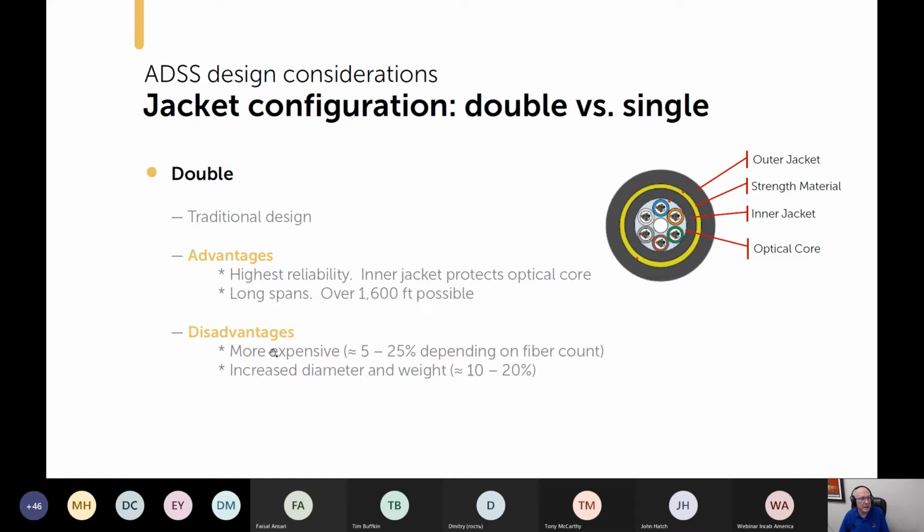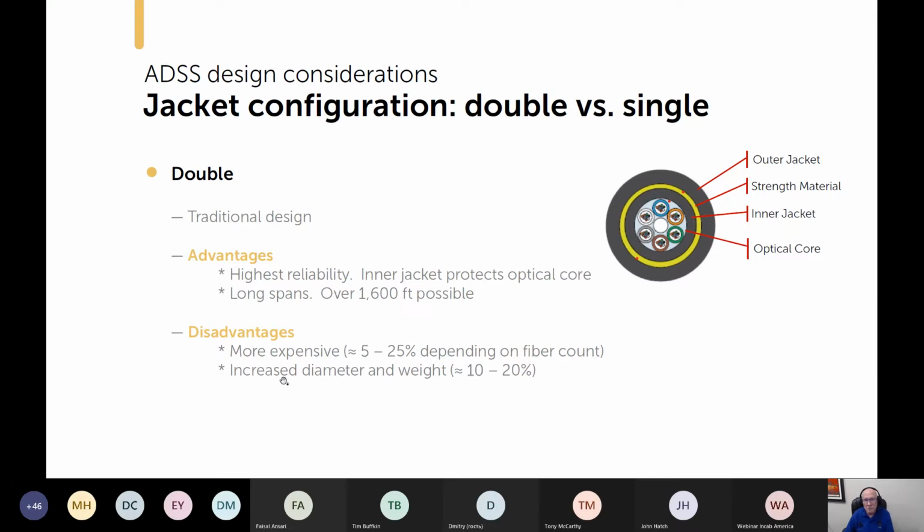It is going to be more expensive than its alternate, which is a single jacket design, in the range of 5 to 25%, depending upon the fiber count and the specifics of the cable design. And you are inherently increasing your diameter and the weight of the cable. So higher diameter means there are effects of that.